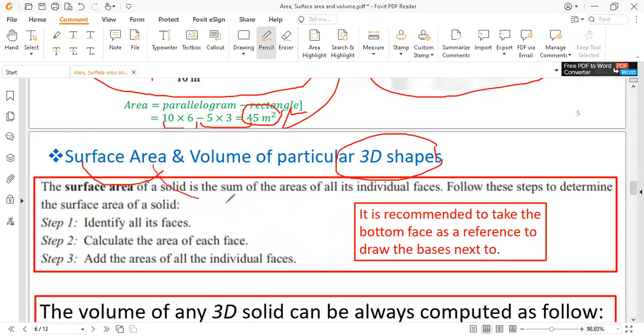So how? We identify all faces, calculate the area of each face, and then add the areas individually to obtain the whole surface area of the 3D shape.